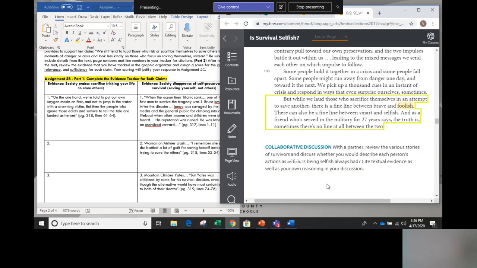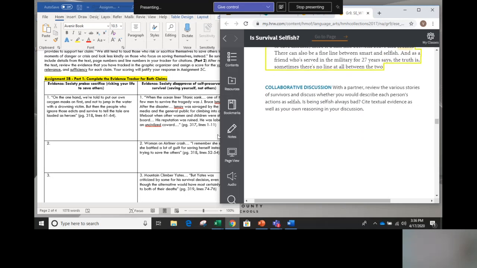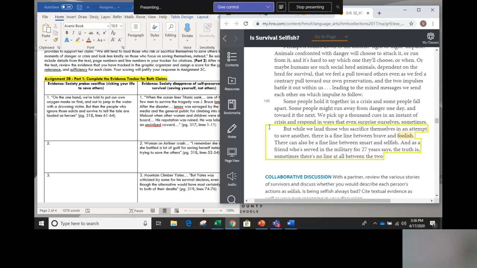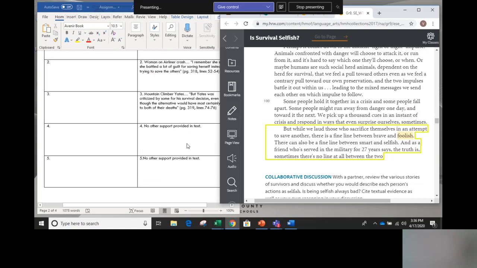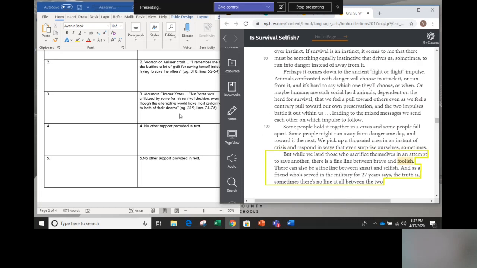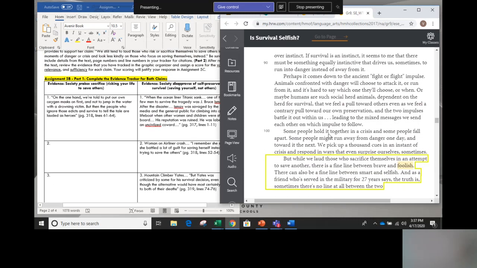Once again, that's on page 320, lines 104 to 105. And below that, obviously, since I told you that's the last one, clearly 3, 4, and 5 are going to be no other support provided in the text. So go ahead and pause the video here and copy that in.